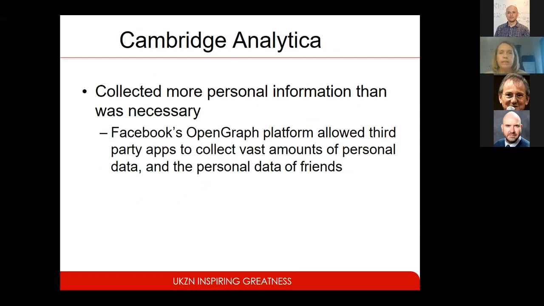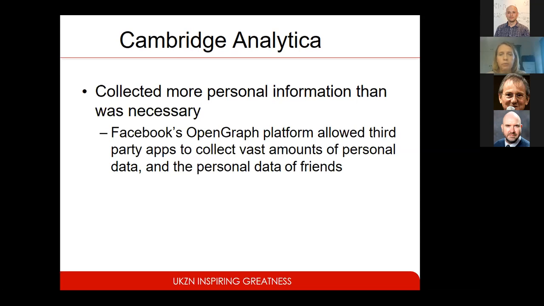Clearly, as I mentioned, it was an invasion of privacy. The sale of the information without consent was unlawful and unethical. But it started earlier than that with the principle of data minimization that is so problematic in this era of big data, where the app collected more personal information than was necessary for the research project's objectives.